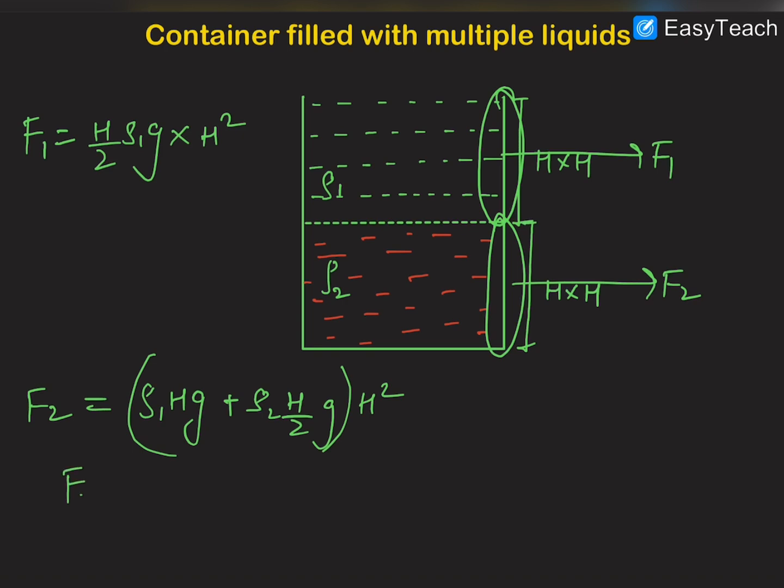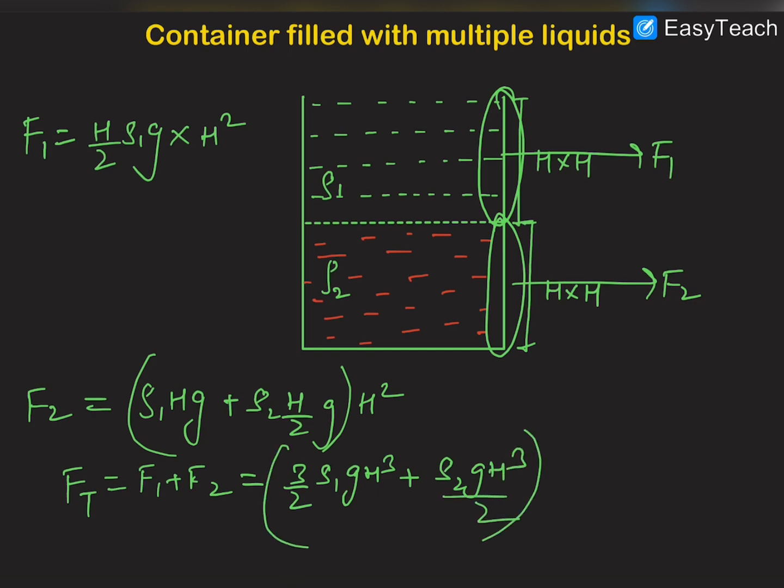So the total force acting on the walls will be F1 plus F2, and if you add up these forces, it is 3 by 2 rho 1 g H cube plus rho 2 g H cube by 2. This is the total force acting on this wall.